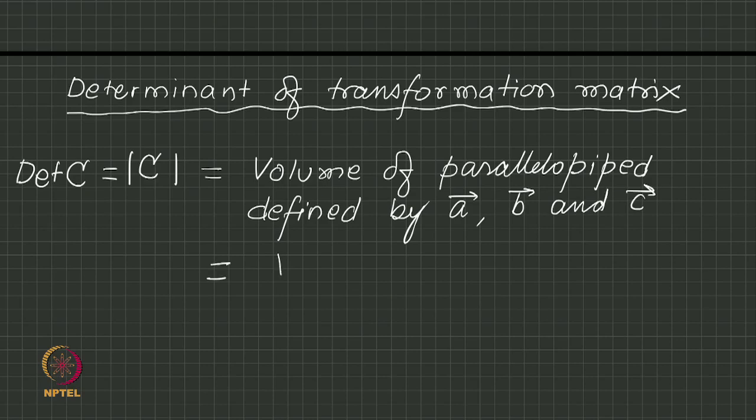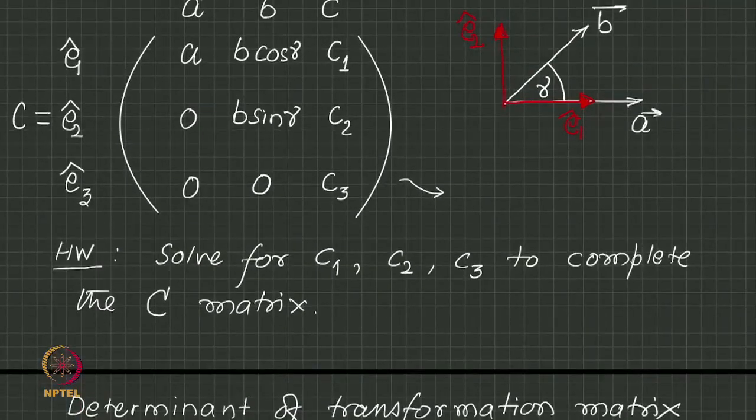And therefore, it is the volume of the unit cell. If you solve for C1, C2, C3 and expand it, you will get the complicated formula for the volume of a triclinic unit cell.